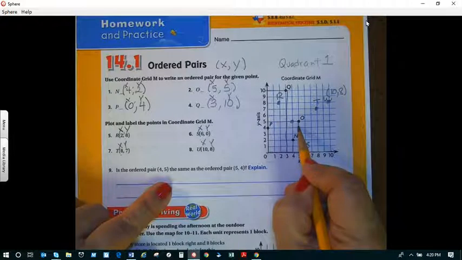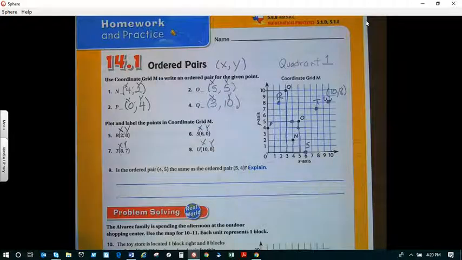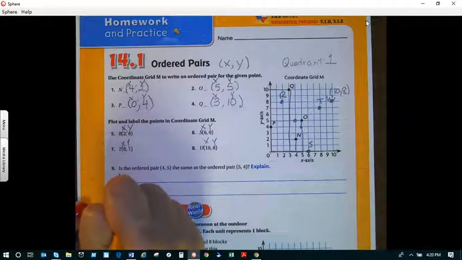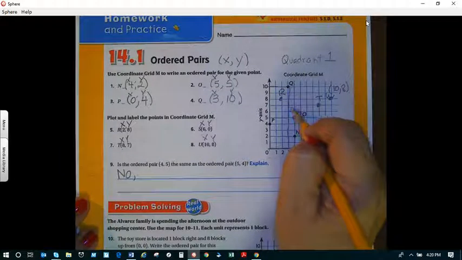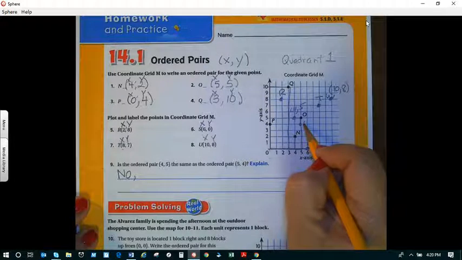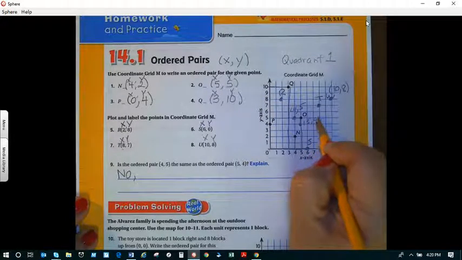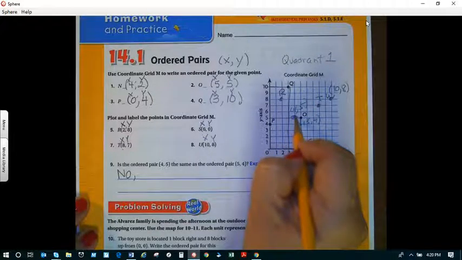So are they the same thing? No, not at all. So the answer is no, because this was going to be 4, 5, and this is 5, 4. So you can see the difference. This one and this one.